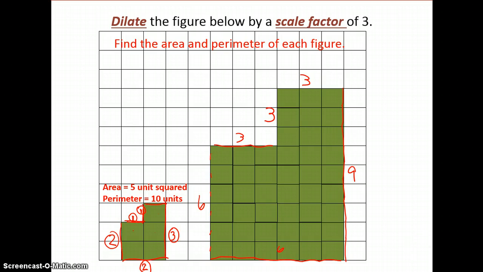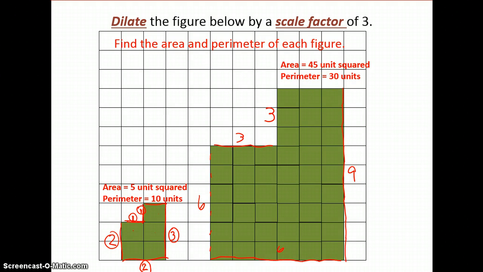Now, let's look at my enlarged figure. I add up all my sides. 6 and 6 is 12. 15, 18, 21, and 9 is 30 is my perimeter, 30 units. And then 3, 6, 9, plus 1, 2, 3, 4, 5, 6 times 6, 36 plus 9, that would give me an area of 45 units squared.